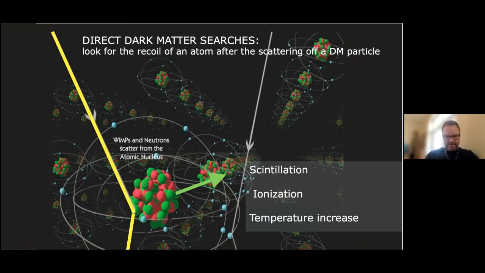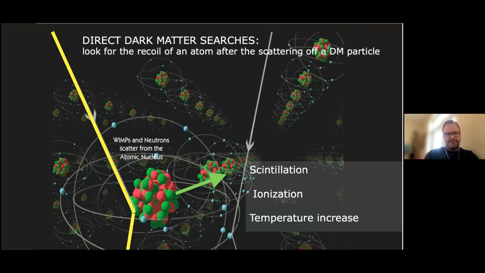For example, with xenon, if you have an interaction, you'll typically get the xenon nucleus into an excited state, and it then will emit a photon when it falls back to the ground state. And this is in the ultraviolet, but we can detect these photons.